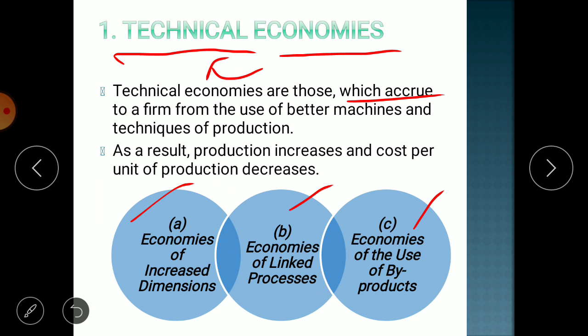And the last one is economies of use of byproduct. A large firm can establish an extra plant for production of a byproduct, small firms cannot. We took the example of the sugar factory. With sugarcane, they produce sugar, alcohol and paper, while a small firm produces only sugar.